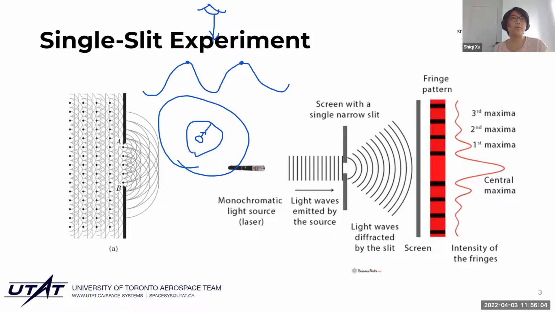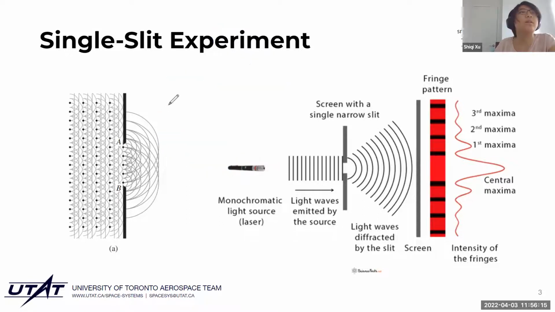And here what we have is each of the wave fronts coming from a different place, a spherical wave, right? So we have spherical waves going through every part of this aperture.